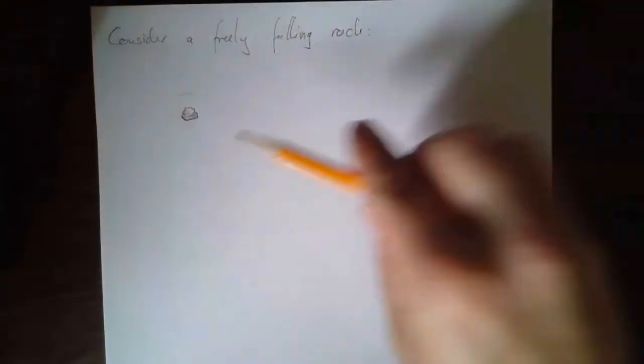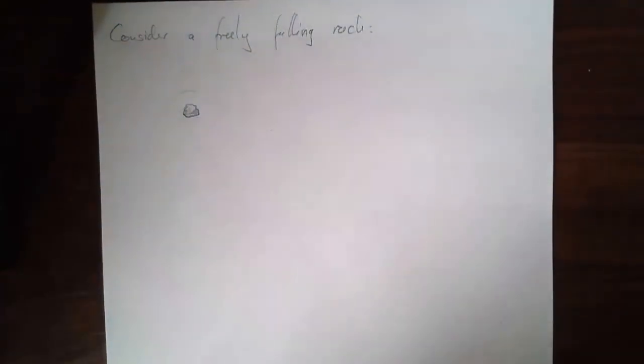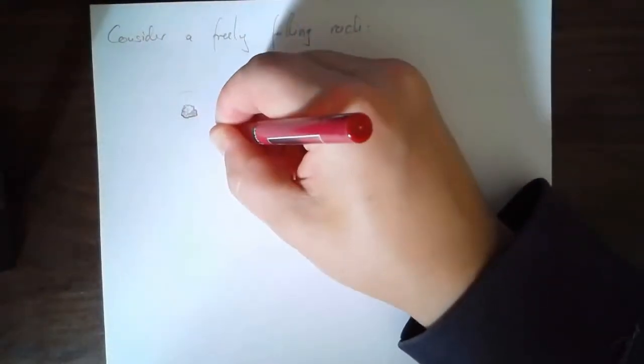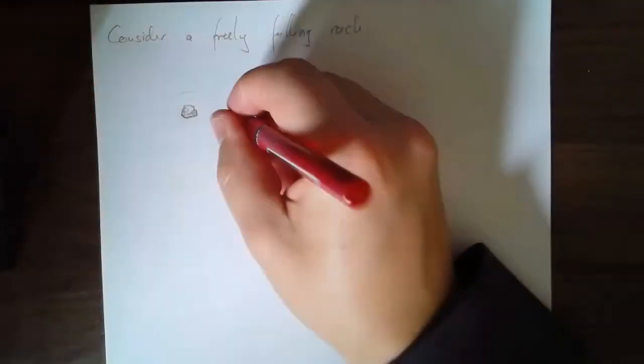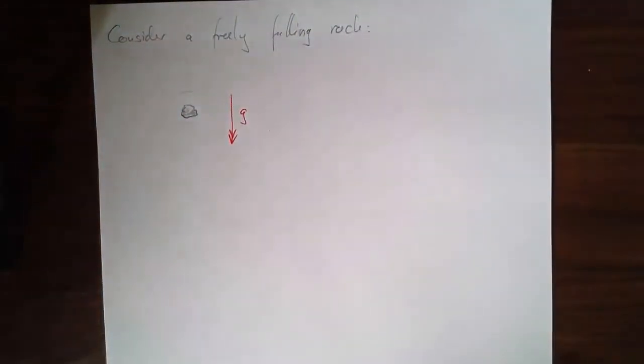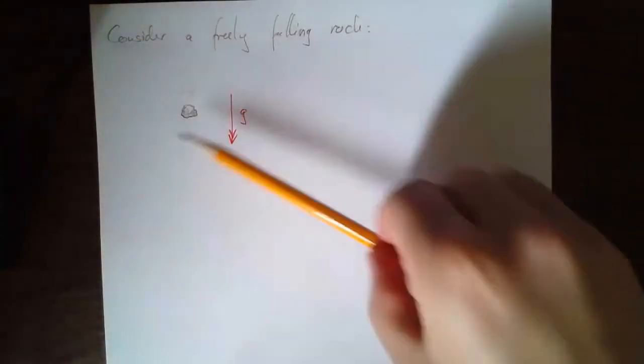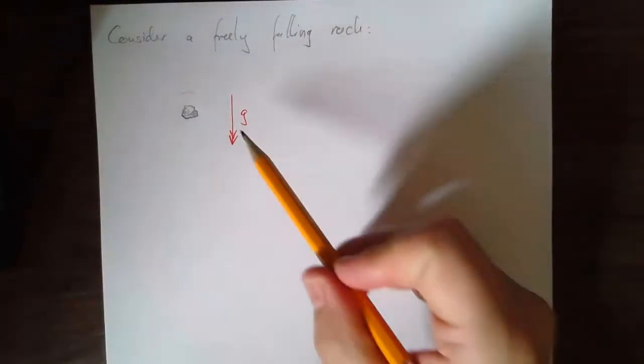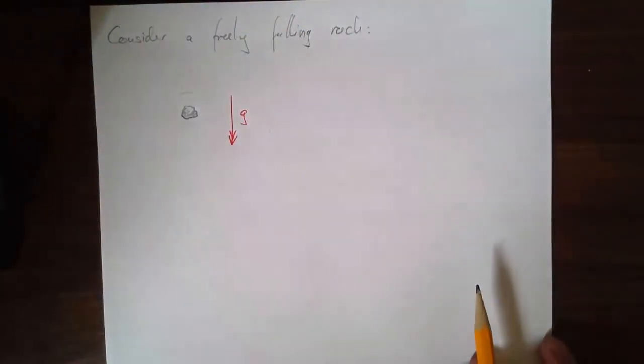So let's imagine there's a rock, and the rock is falling. Now, the rock is falling, so we imagine it has an acceleration, we draw with a double arrow, of magnitude g downwards. Now, it doesn't matter if the rock right now is going up or down. If it's just falling in air, we can ignore air resistance. It's going to have an acceleration g.